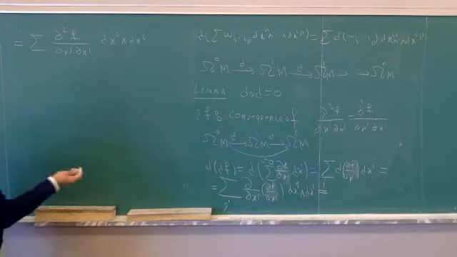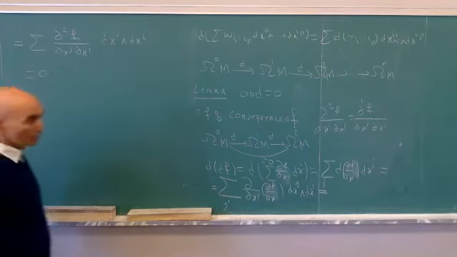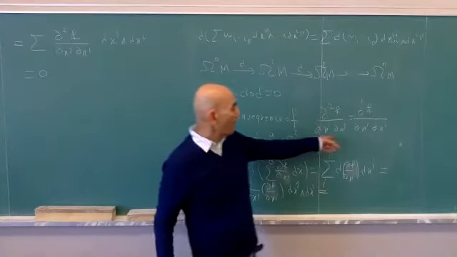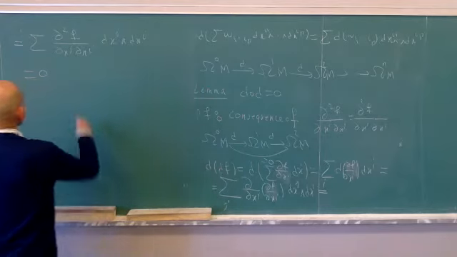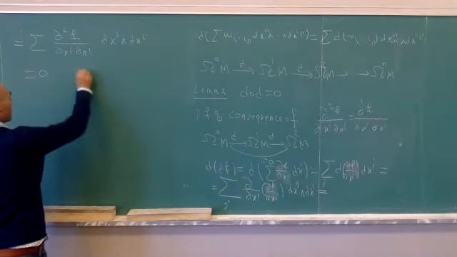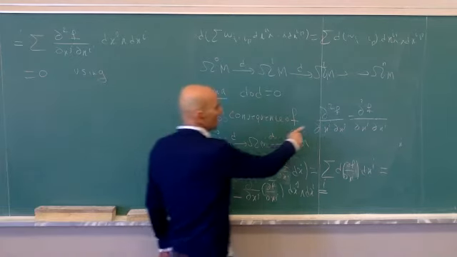Okay, now I'm claiming that this is equal to 0 on the basis of two facts. One fact is this one, the coordinate symmetry. So this is equal to 0 using this.